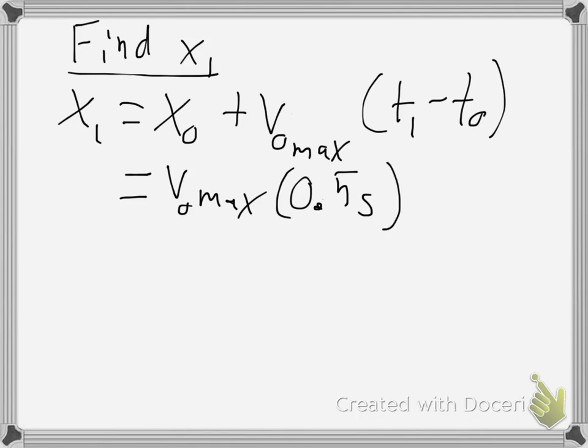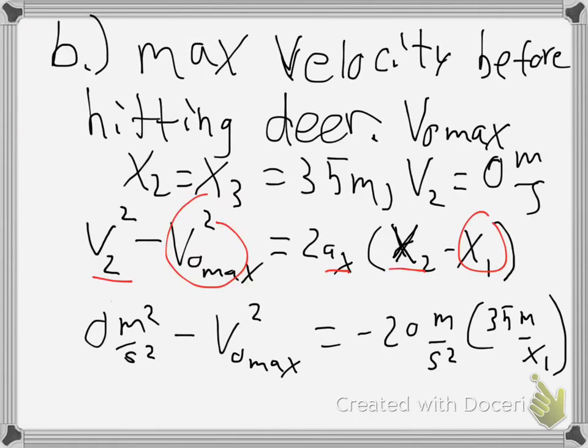Okay, so we found this expression for x1. What I want to do now is take this expression and put it into this part right here. So I'm going to rewrite and clean up that equation some.